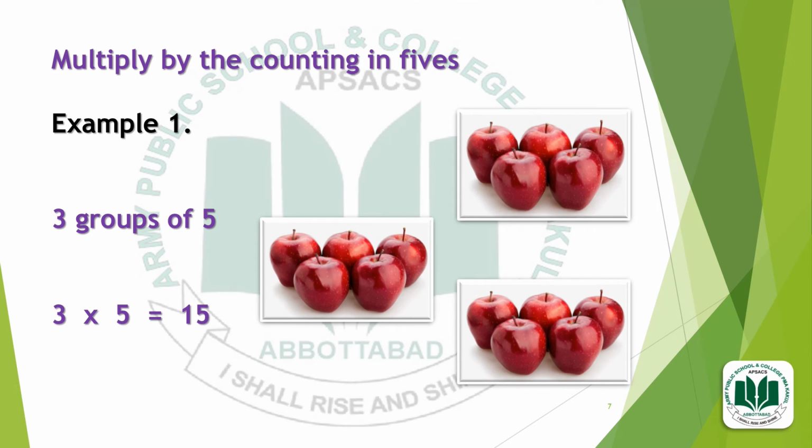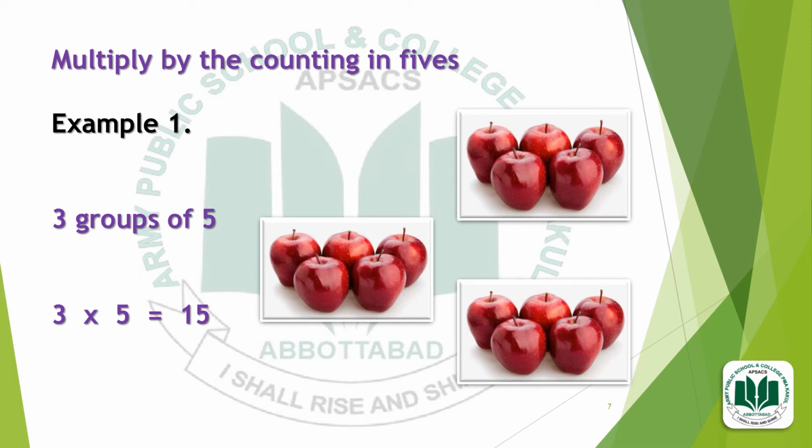Now I will explain the multiplying by the counting in 5s with the help of an example. As you can see, there are 3 groups of apples. And how many apples in each group? 5. Now you have to find the total apples.